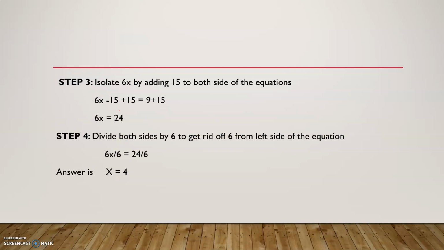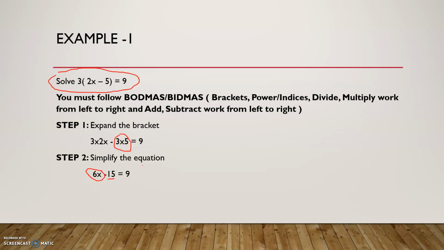Now step number 3. We're going to isolate 6x by adding 15 to both sides of the equation. If you look at step number 2, we are only interested in x, so we want to get rid of this 15. We can do that if we add 15 on both sides.